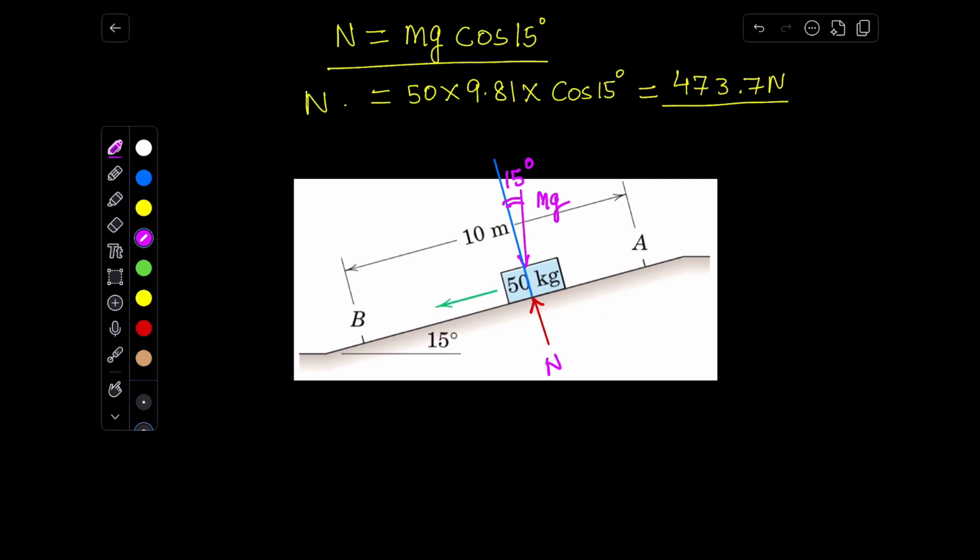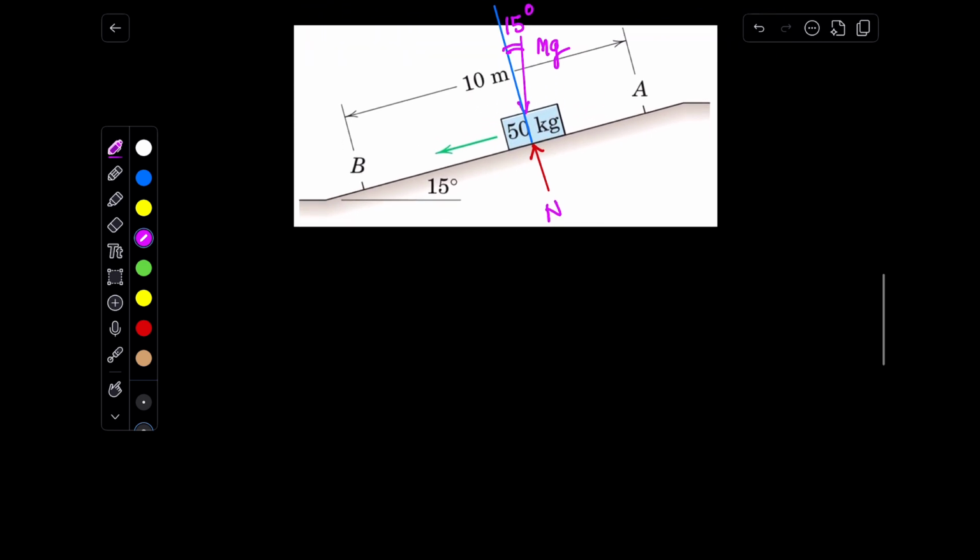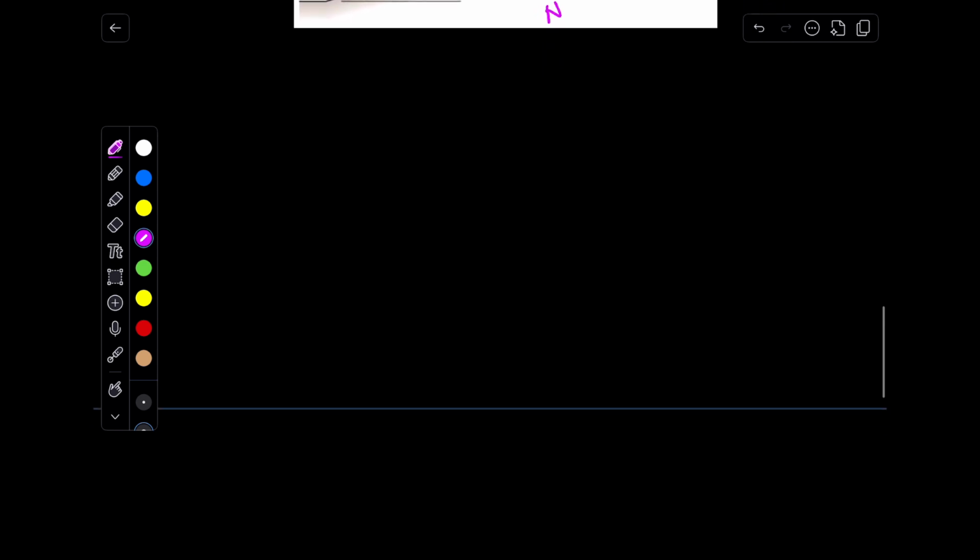For easy explanation, I have added this picture here, and you can see that mg is making 15 degree to the normal line. So you can calculate the component of mg in the direction of the normal force.